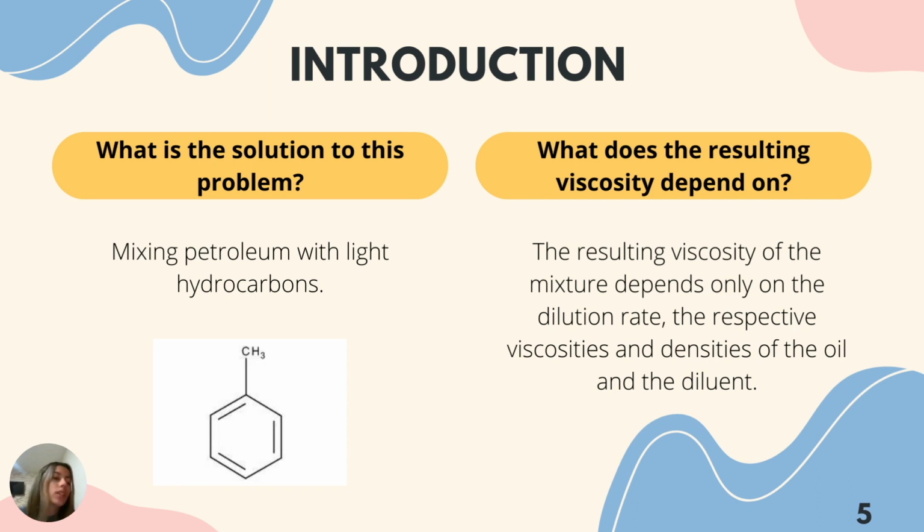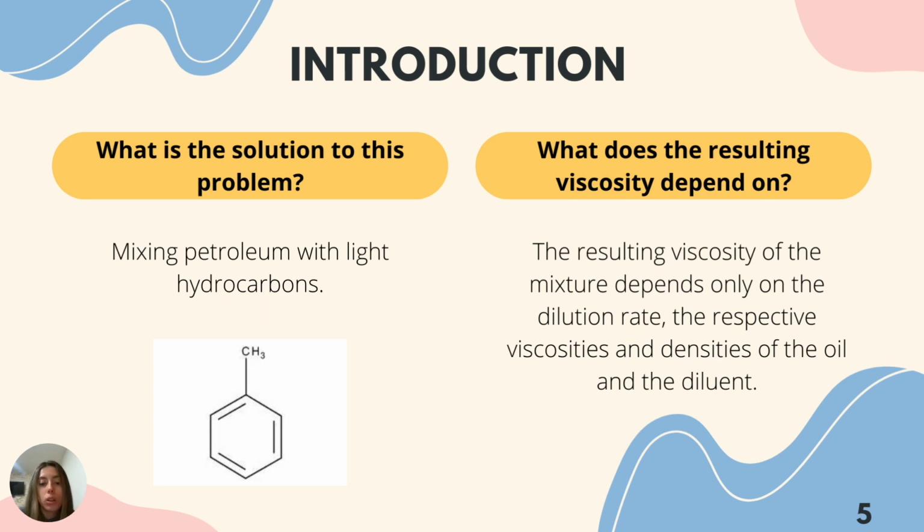At a constant dilution rate, the higher the polarity parameter or the hydrogen bonding parameter of the solvent, the greater the relative reduction in the viscosity of the diluted crude is.